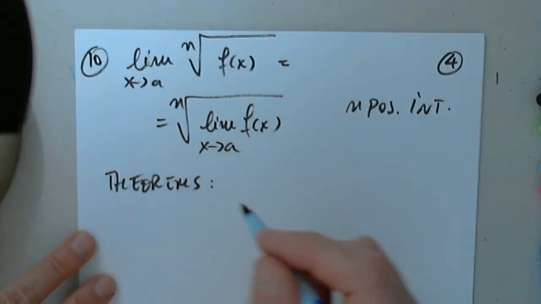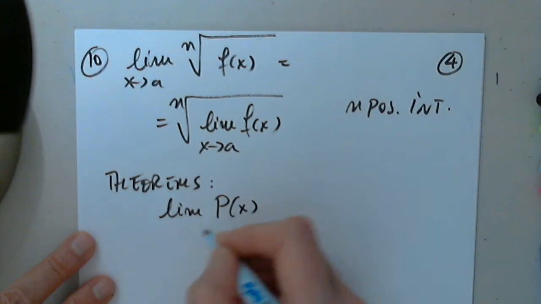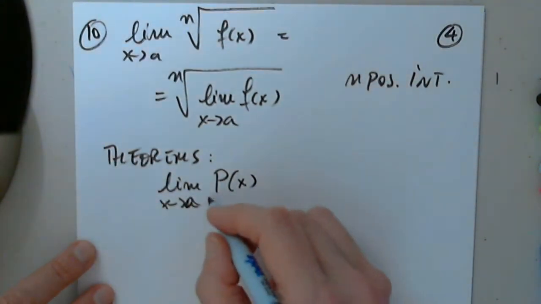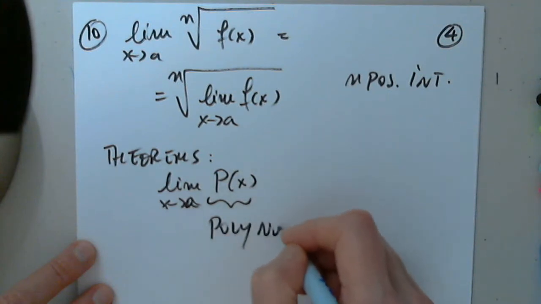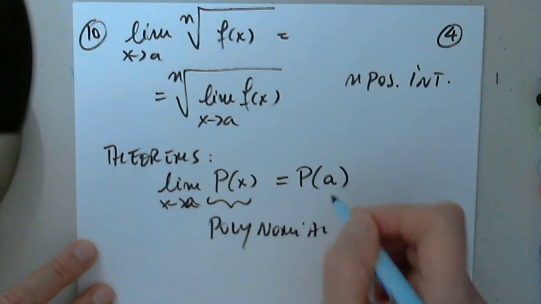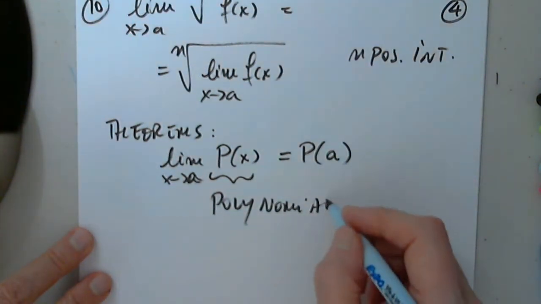And the theorem says the limit of a polynomial is simply P of A. I know that this is a contradiction. Why is this a contradiction?